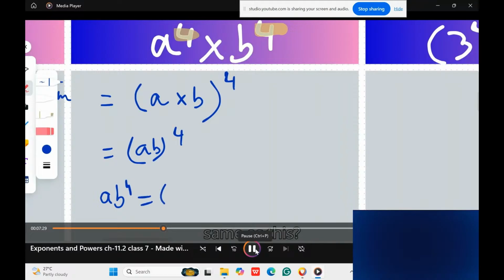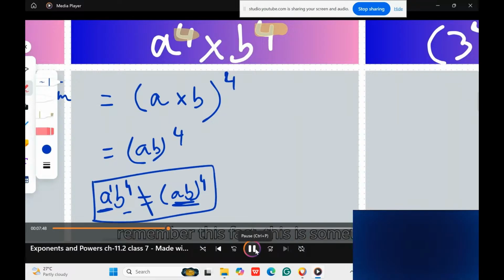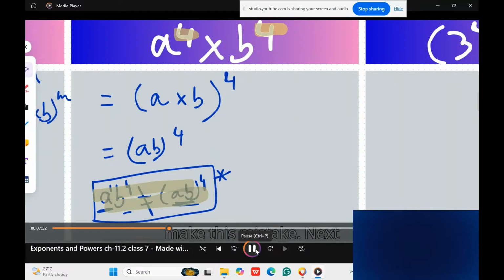Is it same as this? No, these are not same. Why? Because A here has power 1 and B here has power 4. But when you put a bracket around, it means A and B both have power 4. So remember this fact. This is something that you should know. So don't make this mistake.